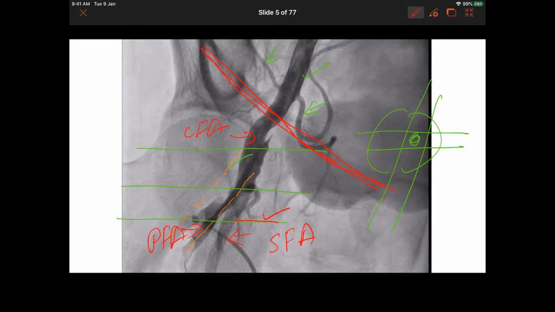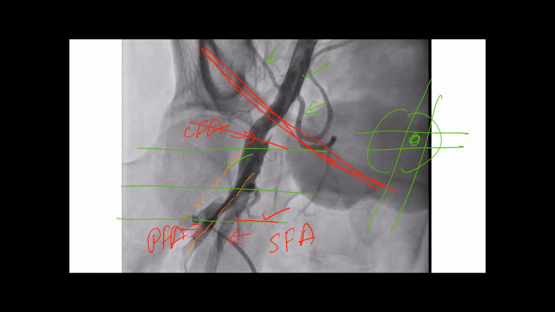The functional part of the femoral artery is this segment, the common femoral artery, because any puncture above the head of the femur or below the bifurcation into SFA and profunda femoris can result in problems.